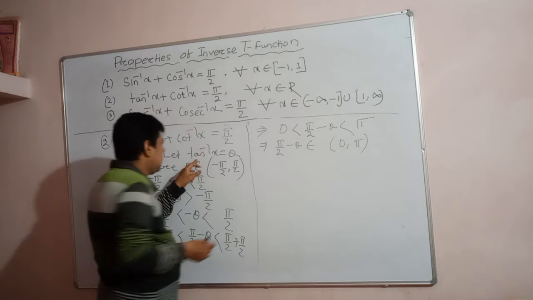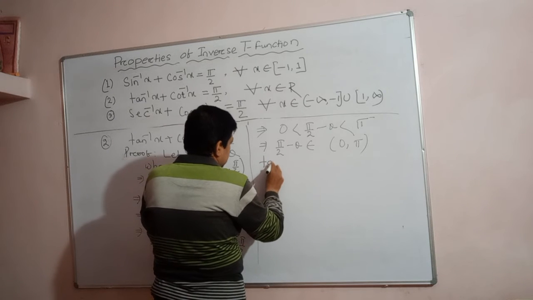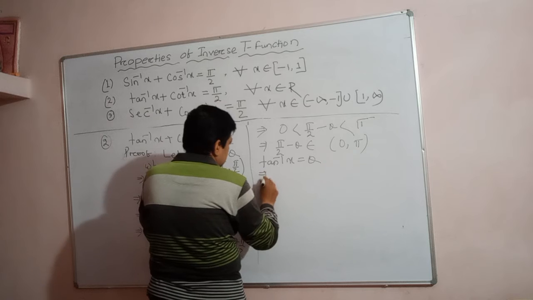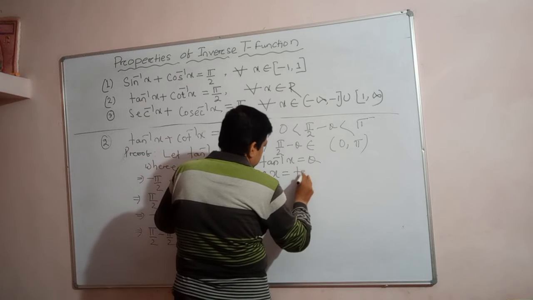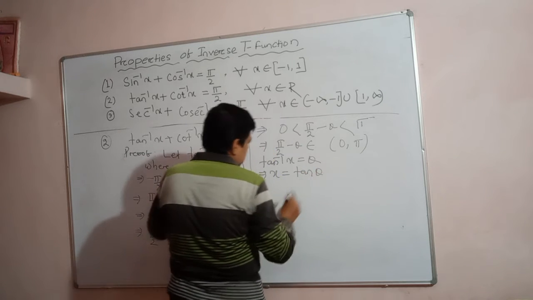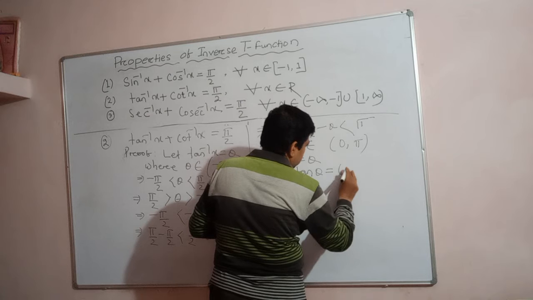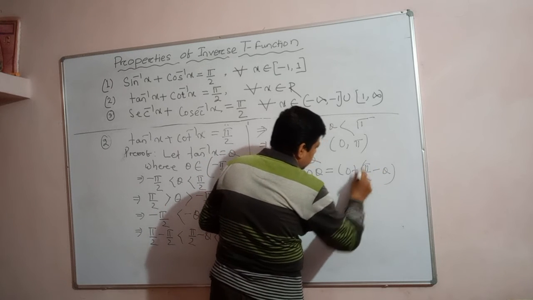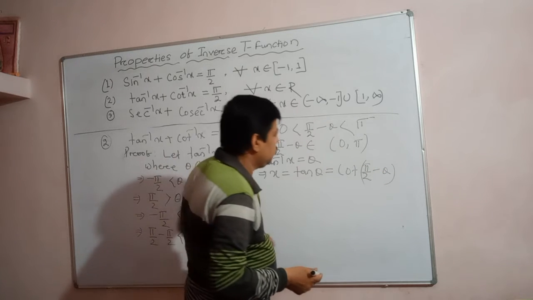Now let us write tan inverse of x is equal to theta. That implies x is equal to tan theta, which is equal to cot of pi by 2 minus theta, and pi by 2 minus theta lies between 0 and pi.